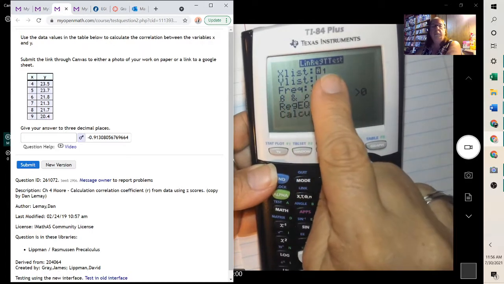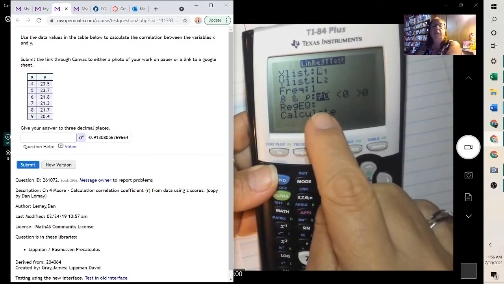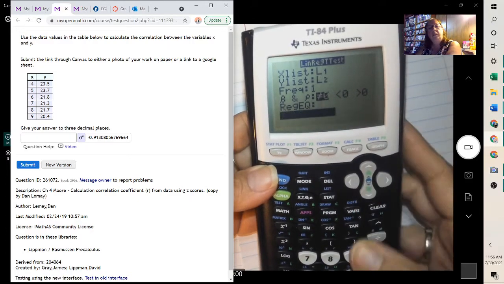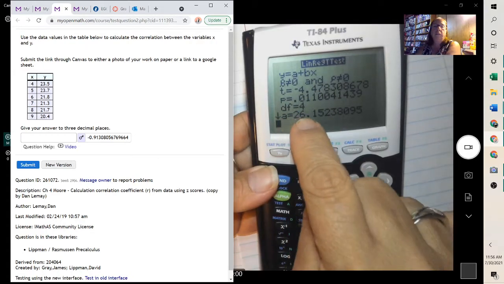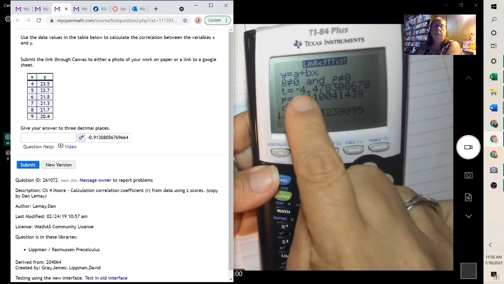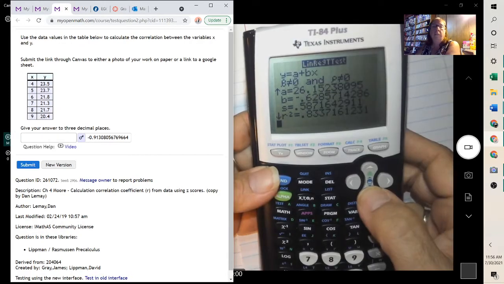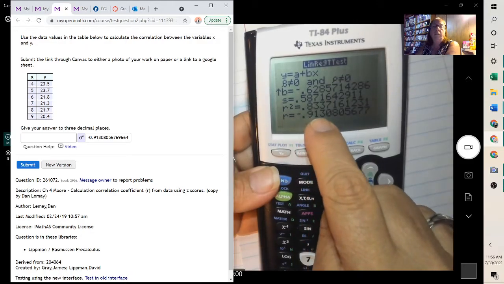I put the numbers in. X was list 1, Y was list 2, and I tested not equal to, and then go to calculate. It actually gives you your equation right here. It also gives you your T if you needed it. In this case, we wanted R. It's a negative 0.913.